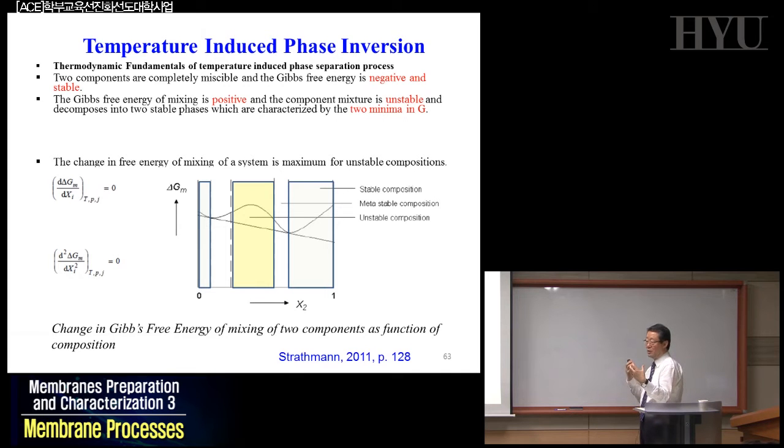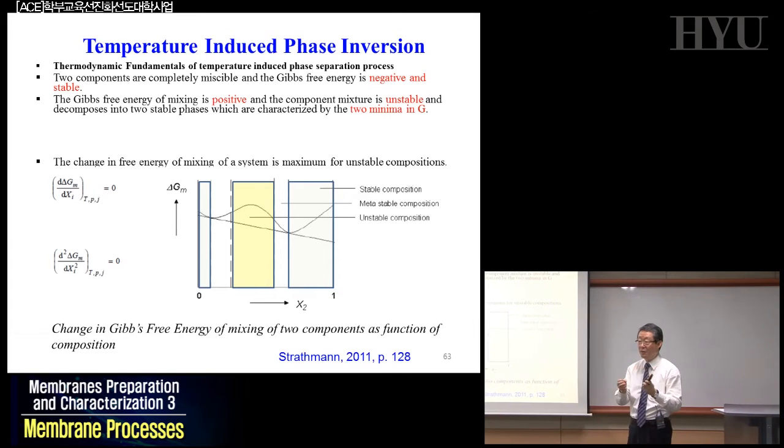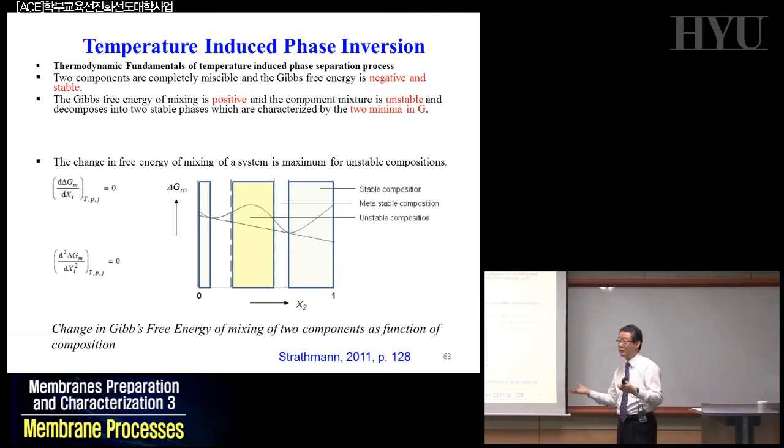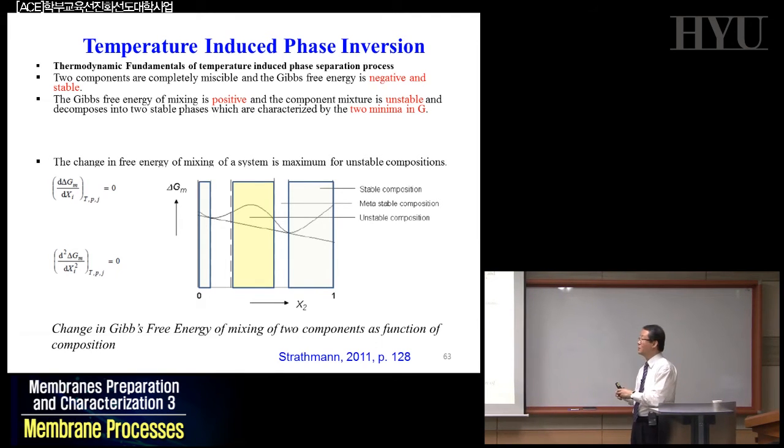That means delta HM is much larger than T delta SM, because delta SM is always positive. So the absolute value of delta H versus T delta S determines whether your delta GM is negative or positive.